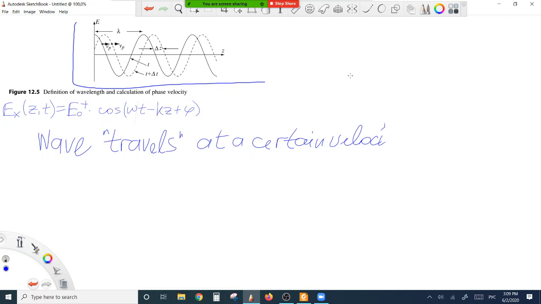For this point, the phase of the field, omega t minus kz plus phi, is constant.